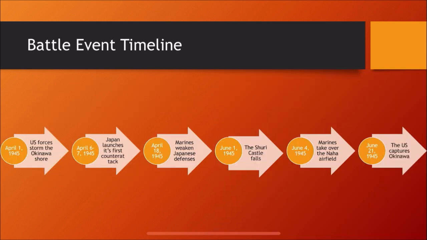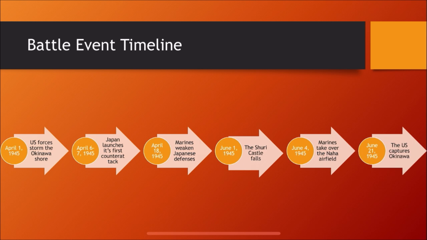Alright, here's a battle event timeline that shows all of the main events that occurred throughout the battle. So on April 1st, 1945, thousands of United States soldiers stormed the Okinawan shore. This officially marked the beginning of the Battle of Okinawa.